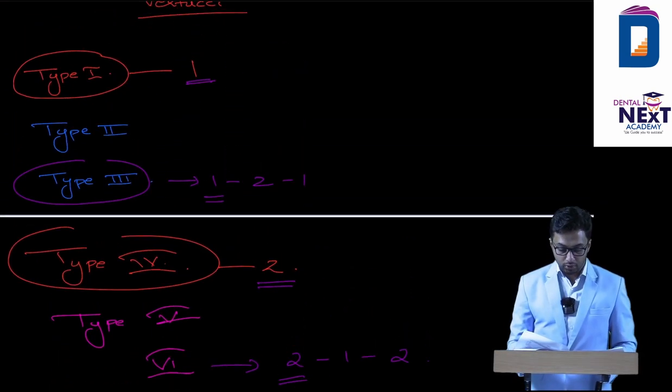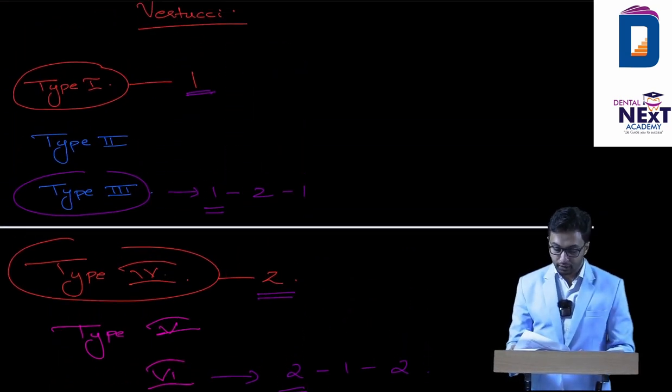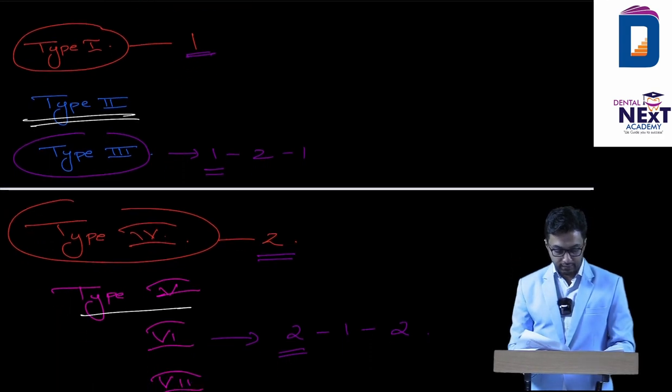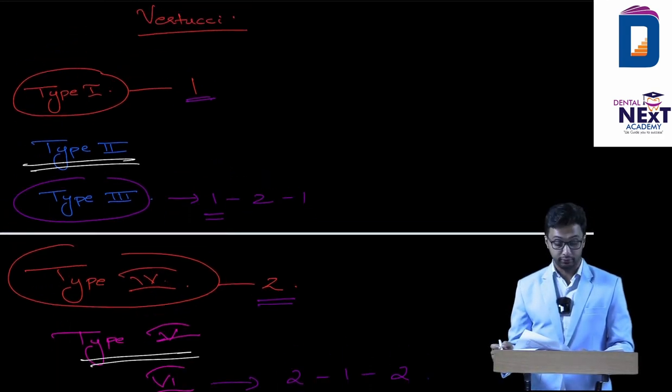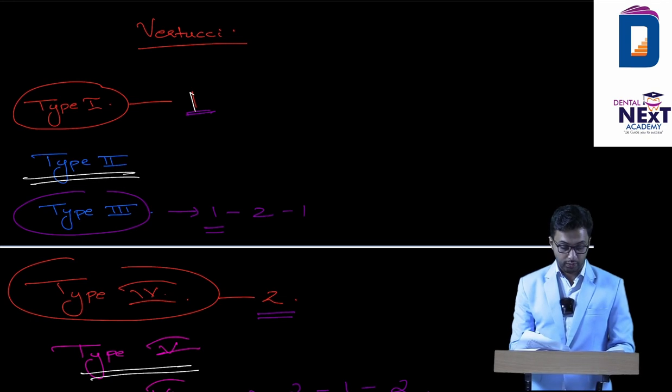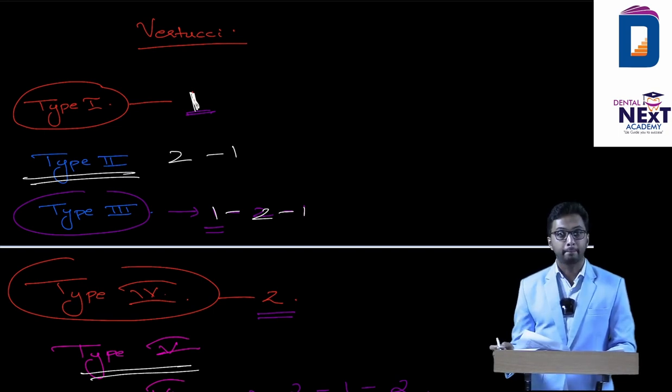Now you come on to the previous ones, the ones which you left, type 2 and type 5. What was this? This was 1 and 1 to 1. If you have 1 here already to start with, what is left? 2, 1. Hope you got it. I'll just write it once again.